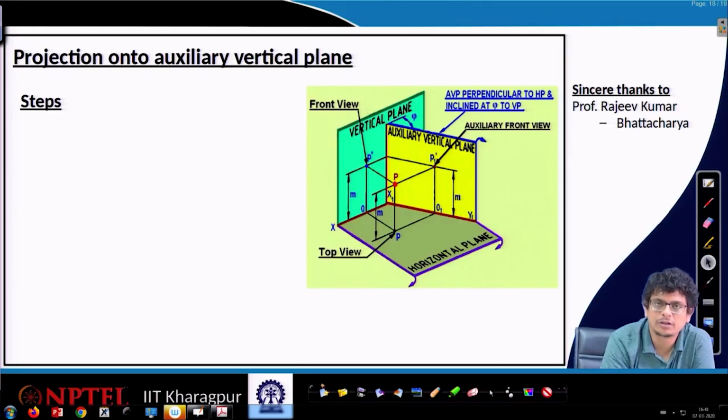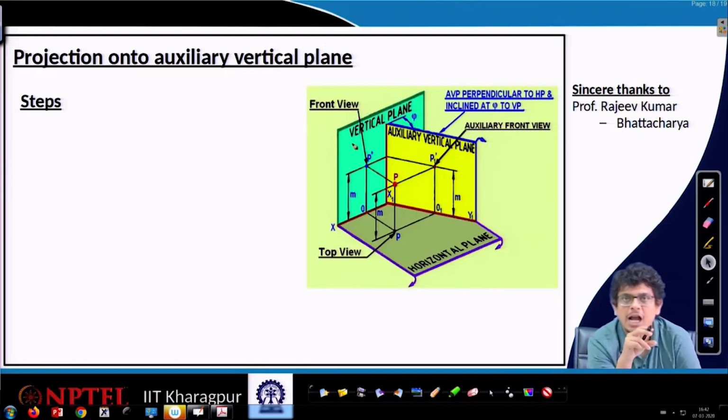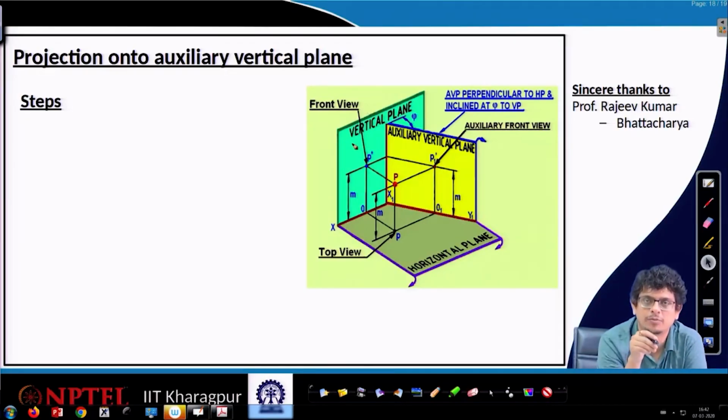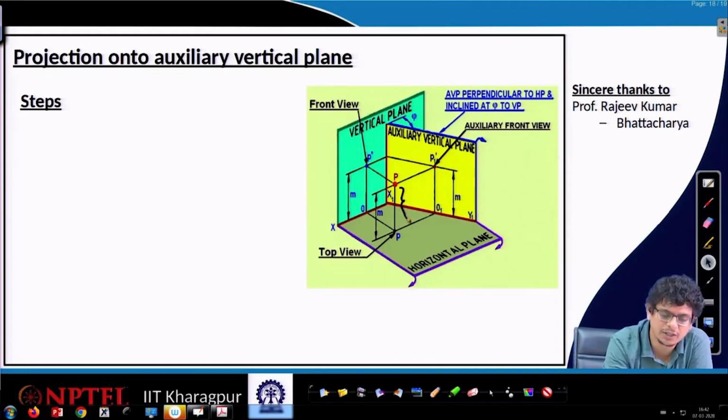Now, we may see the true length in the vertical plane if we project P onto this VP. This is the height above the horizontal plane; the true length we will see is this one, m. So, if we project on the vertical plane, we also see m.